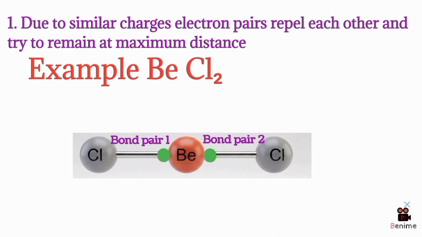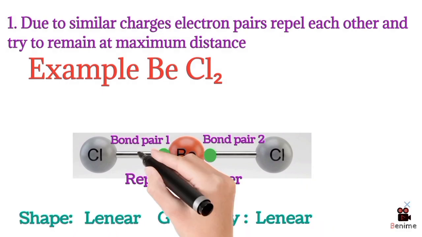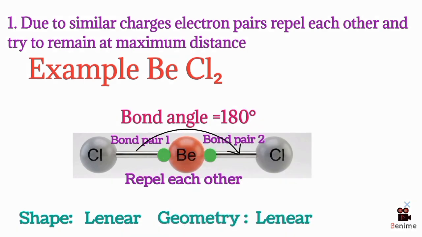Due to similar charges, these 2 bond pairs of electrons repel each other and move far apart. As a result, the shape of the molecule becomes linear. Its geometry also becomes linear. Its bond angle becomes 180 degrees. So, according to VSEPR theory, electron pairs repel each other and try to remain at the maximum distance.